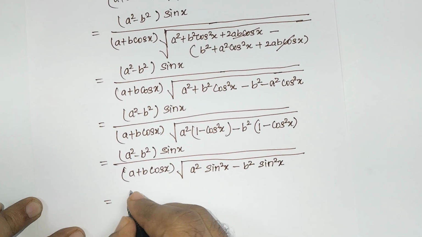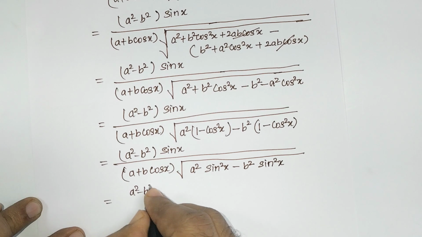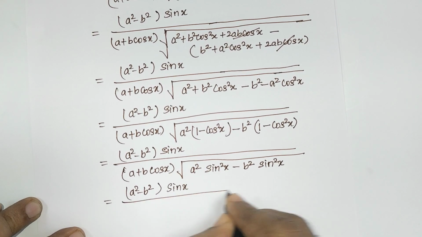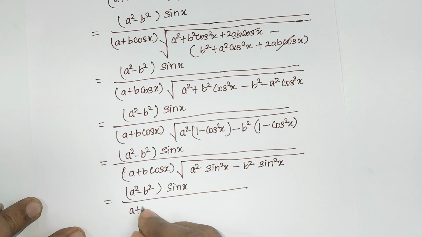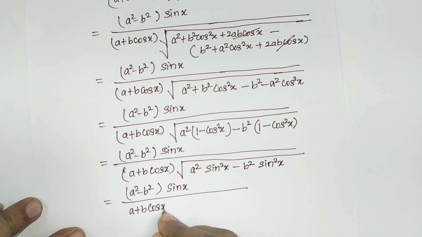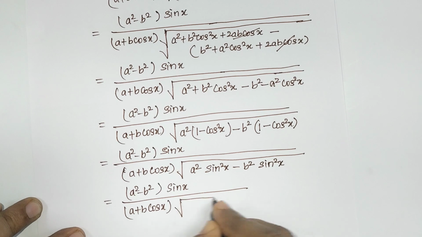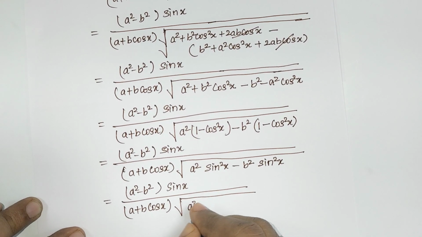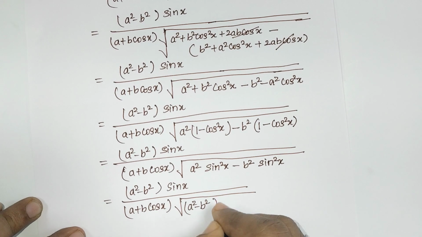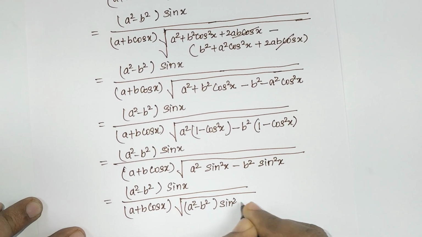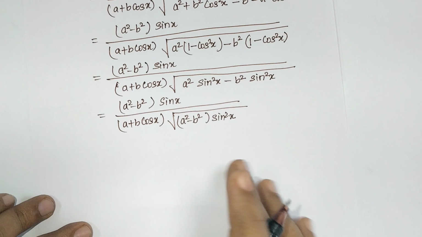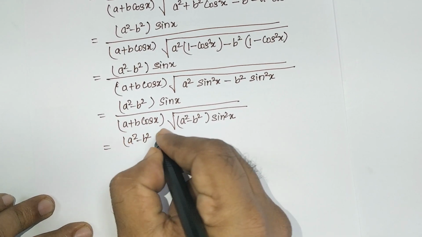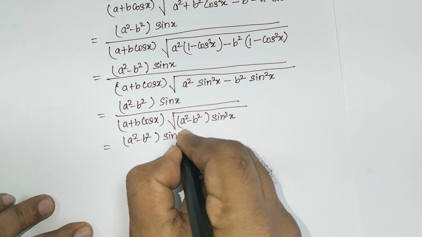So next step, square root of a square minus b square into sin x divided by a plus b cos x. And the square root of here the common term sin square x, so I'll write a square minus b square into sin square x.